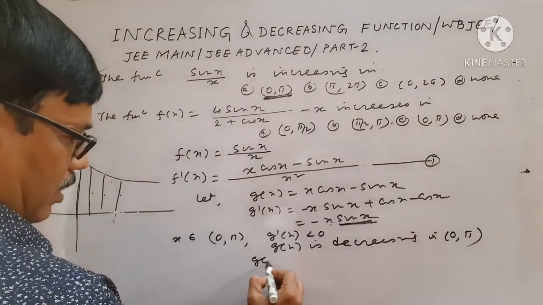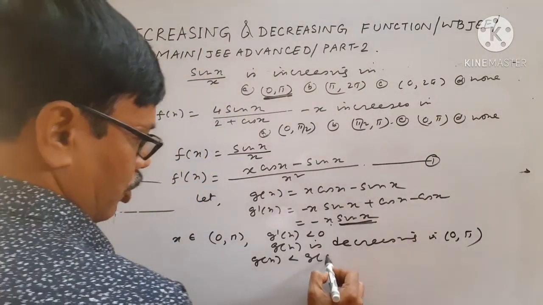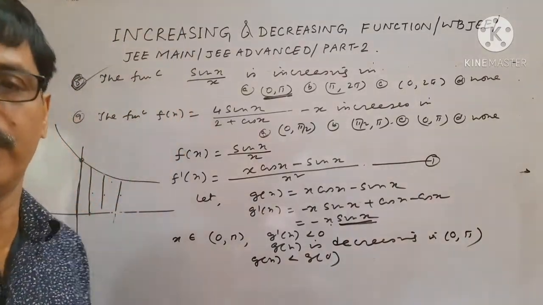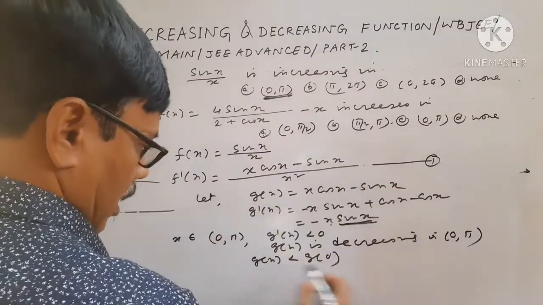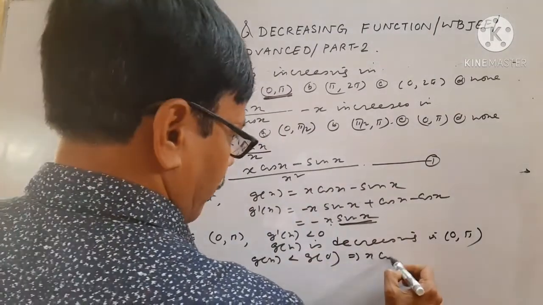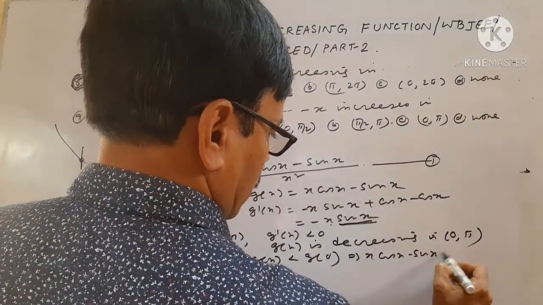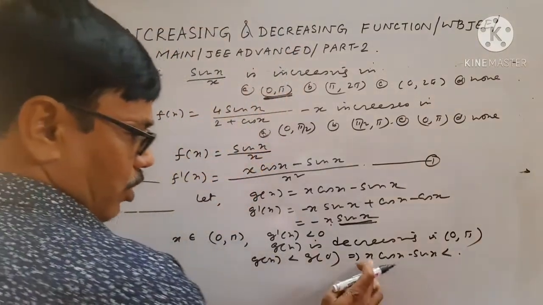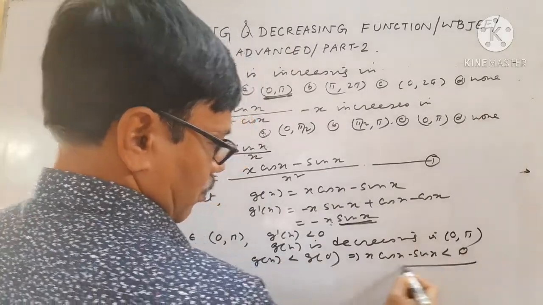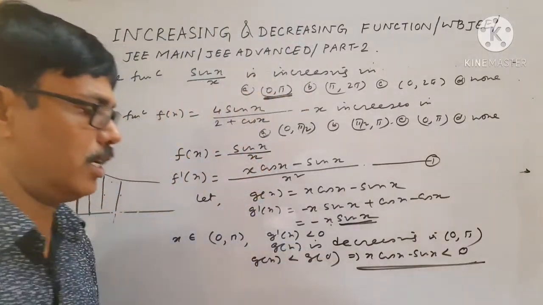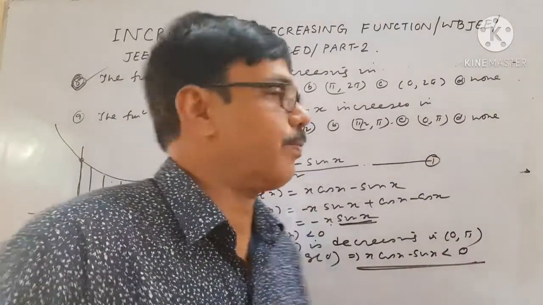So g(x) less than g(0). Now what is g(x)? x cos x minus sin x less than 0, since cos 0 is 1 and sin 0 is 0, so g(0) is 0. So x cos x minus sin x is less than 0.